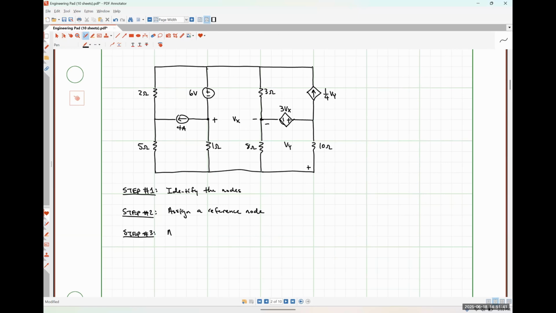Assign nodal voltages to all non-reference nodes.